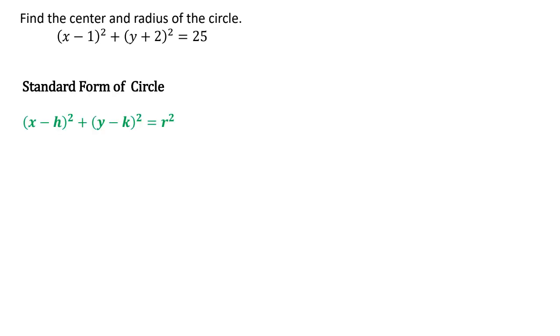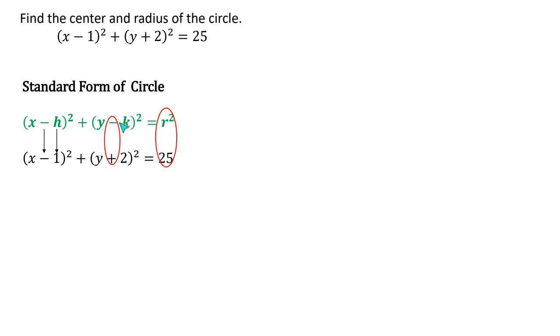I always like to write down the standard form. That way I can have it in front of me. If I write the equation below my standard form and compare it, we can see that this is a minus sign and I have a minus sign, so h is going to be 1. But in this case, I have a plus sign.